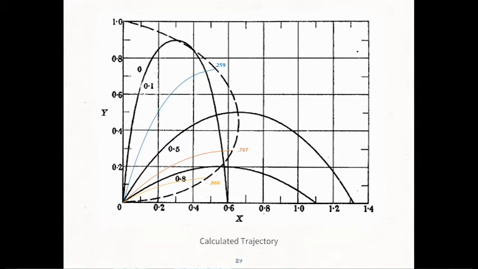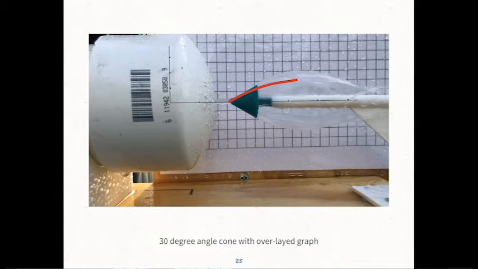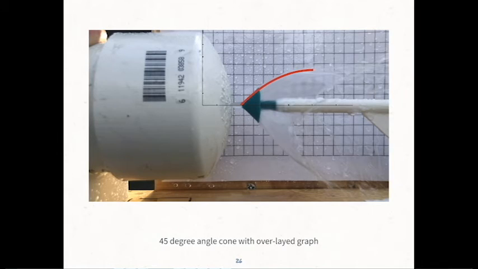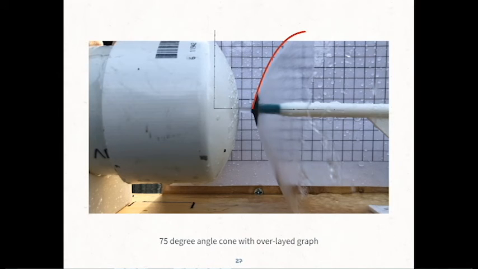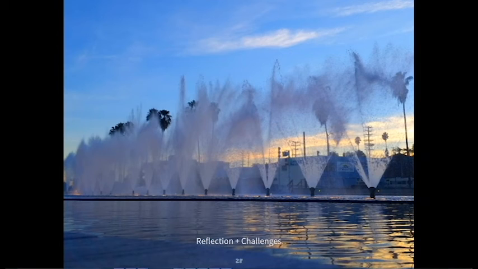And the calculated trajectories were then overlaid on some of our results from the video. For a 30-degree angle, it was a little bit off, but that's okay. Here we can see as they get to the higher degree angles, our model quite accurately predicts the curves that the water bells form. And this is at 75 degrees. Overall, we were pretty excited to get bells that match up so closely with the model.